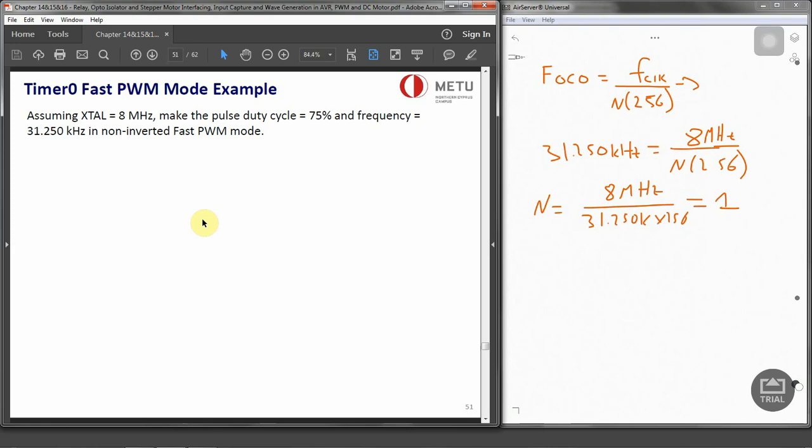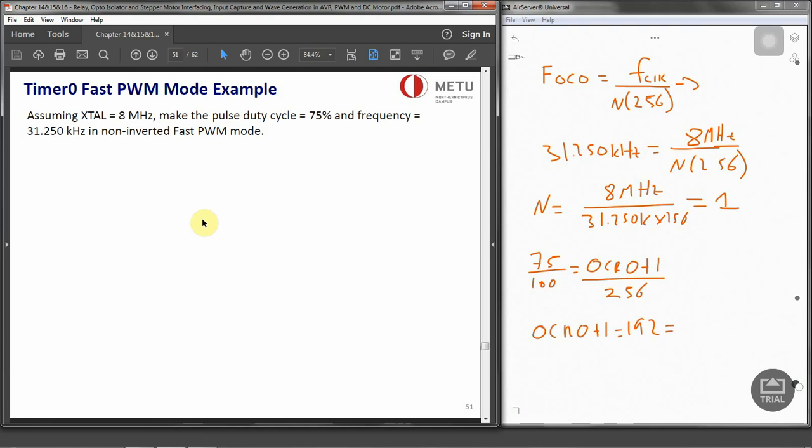Now 75% duty cycle means 75 over 100, which equals OCR0 plus 1 divided by 256. In this case, OCR0 plus 1 is going to be 192, as we already did in the previous example.